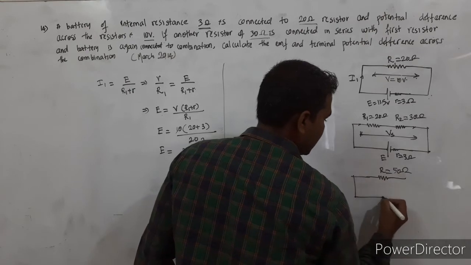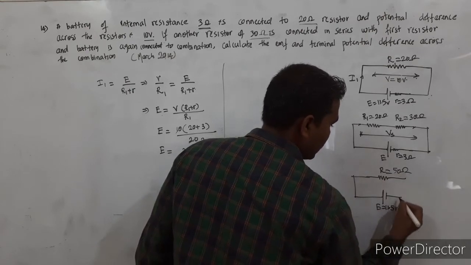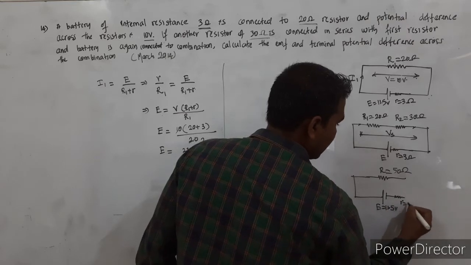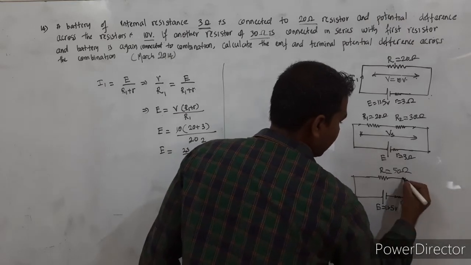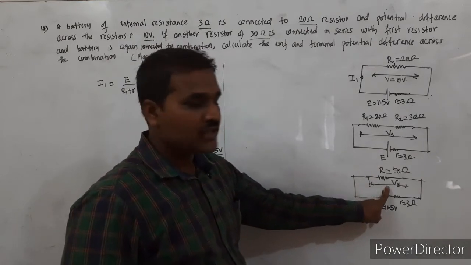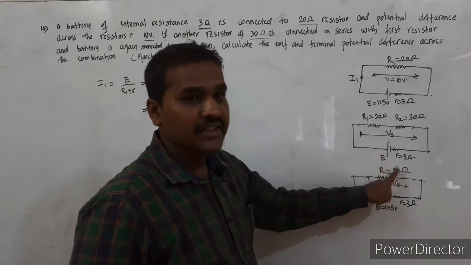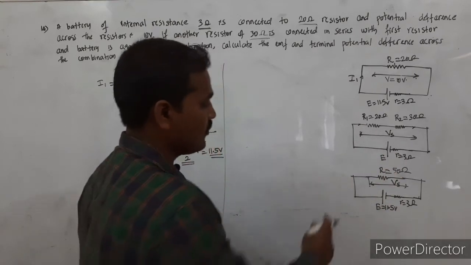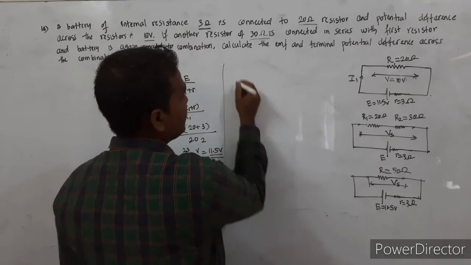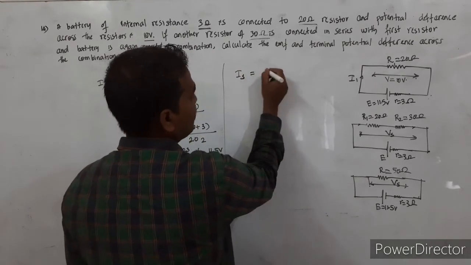Okay, 50 ohm is connected to the cell of EMF 11.5 volt, having internal resistance of 3 ohm here. Now we have to find the terminal potential across the series combination of these two resistors, that is 50 ohm. Okay, so for this we have the current flowing through the series combination. Let me write it as IS. IS is equal to what?